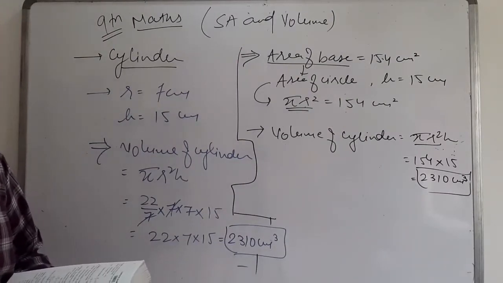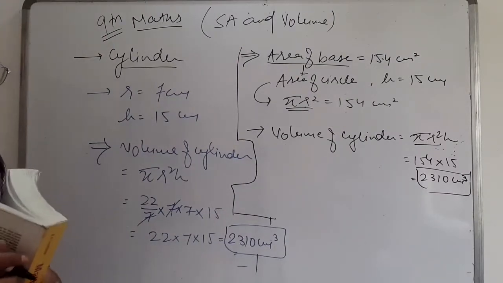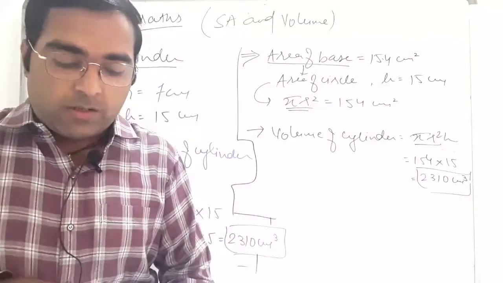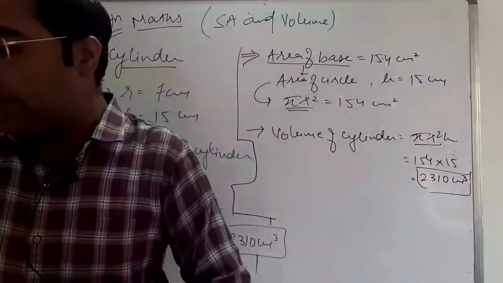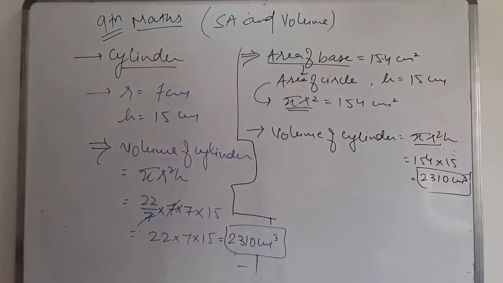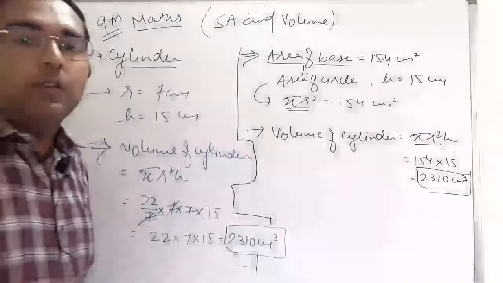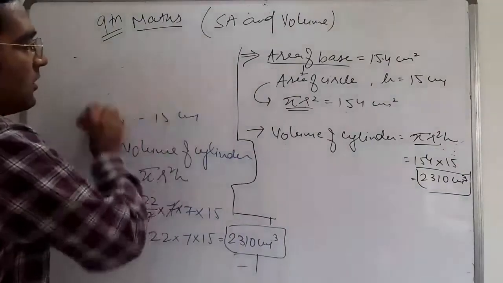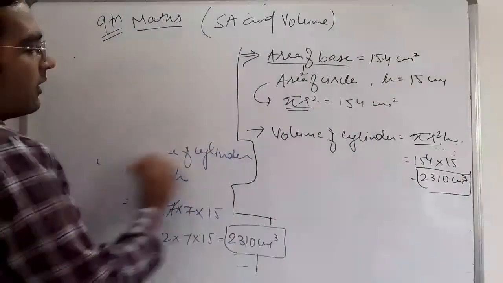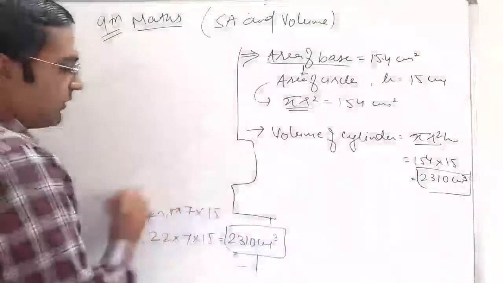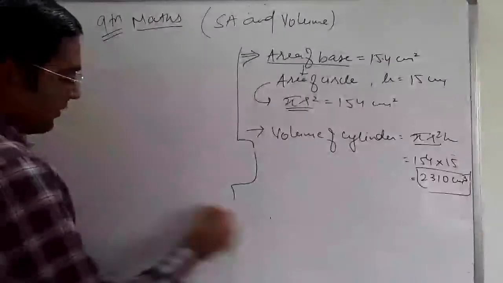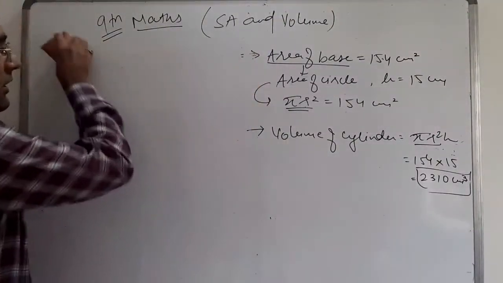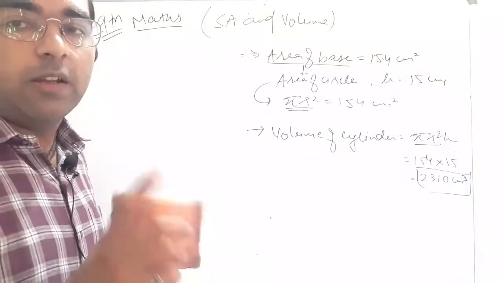Students, one thing I'll tell you: we are learning about the surface area and volume of the cylinder, and there are two types of cylinder we can now use. The first is the hollow cylinder, which is a combination of two cylinders, an outermost cylinder and an innermost cylinder.